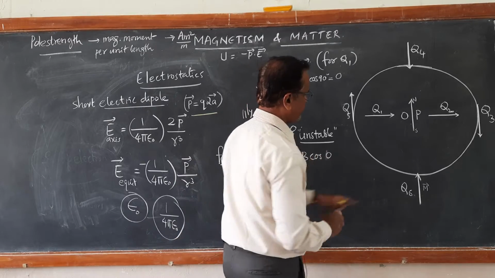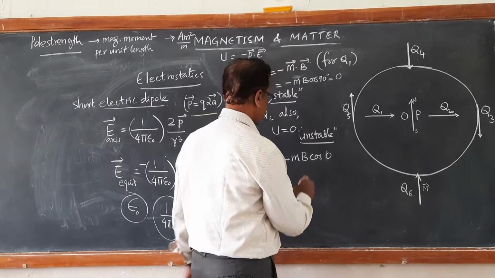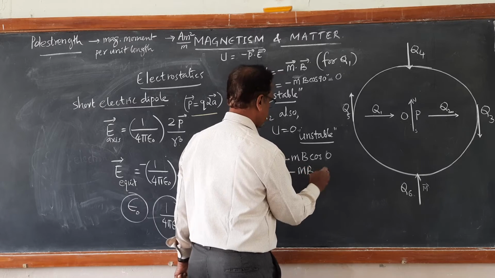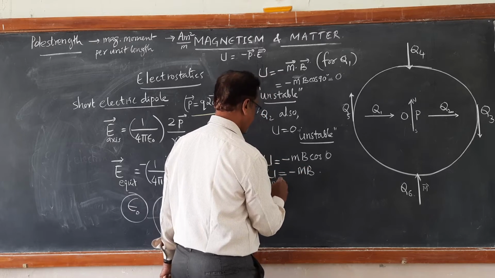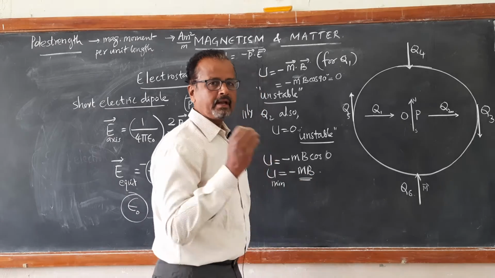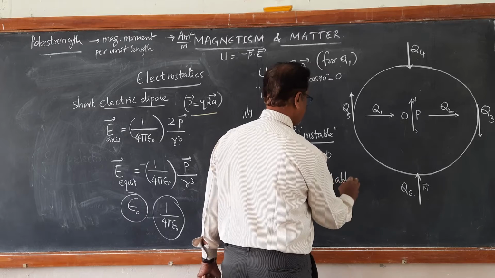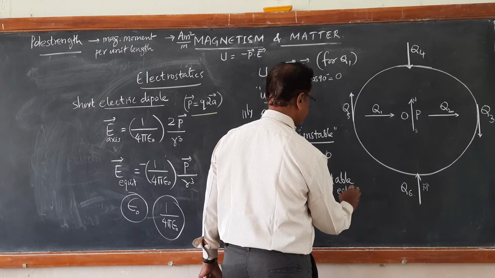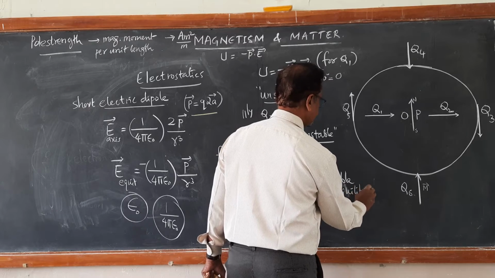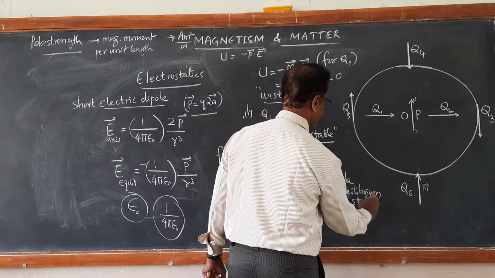Angle between m and B is 0. Therefore, cos 0 is 1. If it is cos 0 is 1, then it becomes minus mB. So the potential energy is minimum with negative potential energy. When it is possessing negative minimum potential energy, it is said to be in stable equilibrium state.